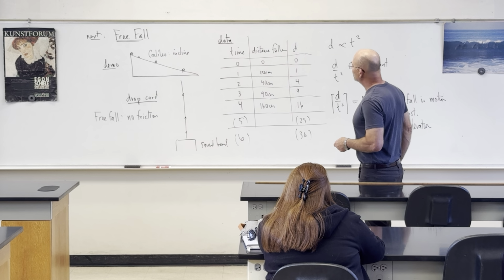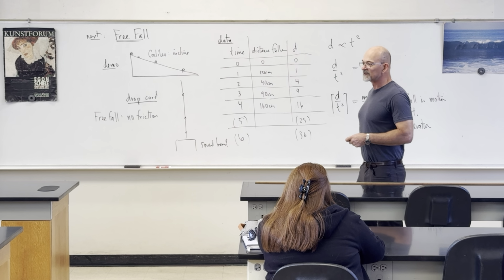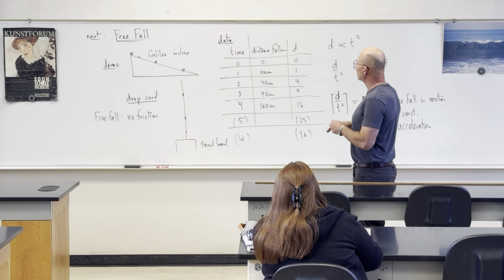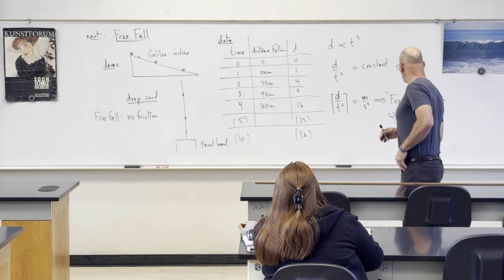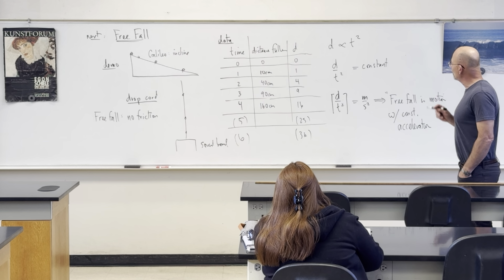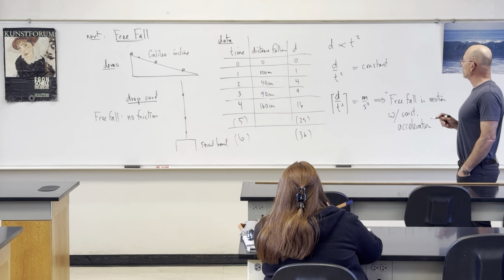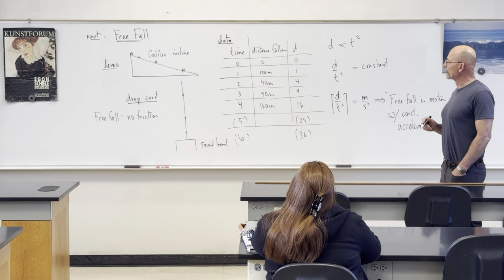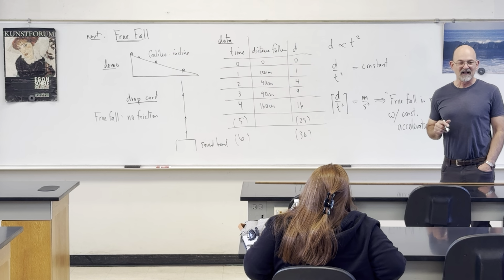Good. So this puts us right at the beginning of the whole science of kinematics and then laws of motion with the law of free fall. Motion, acceleration. Good, so I'm going to erase this, and now we'll start into the basic kinematic concepts.